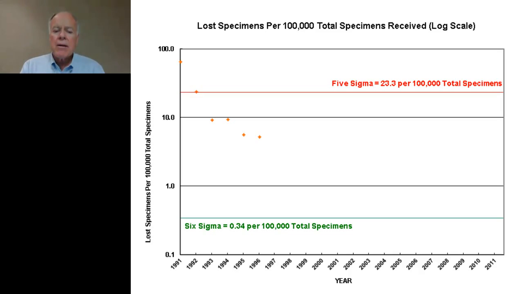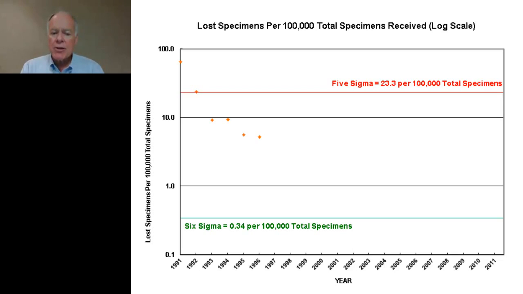And the ordinate is a log scale of the ratio of lost specimens per 100,000 total specimens. So starting at the very top, we have 100 lost specimens per 100,000 total specimens, or 1 per 1,000.